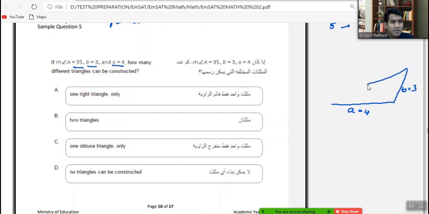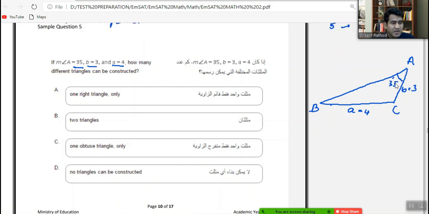This is going to be your angle A. This is going to be the triangle with vertices A, B, and C. Now the angle here, according to them, is 35 degrees.